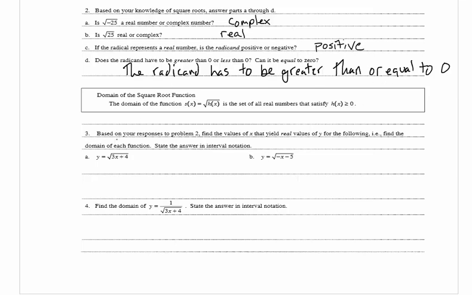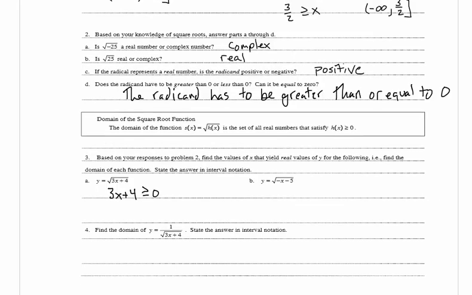In 3, based on your response to problem 2, find the values of x that yield real values of y for the following. Find the domain of each. State the answer in interval notation. In A, we have y is equal to the square root of 3x plus 4, which means that 3x plus 4 has to be greater than or equal to 0.